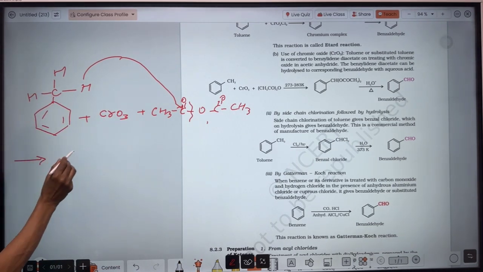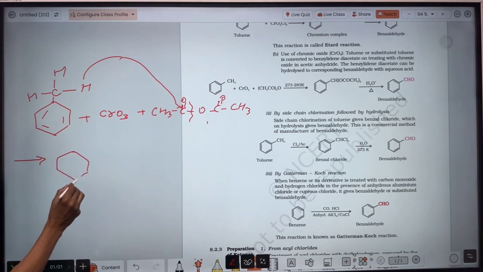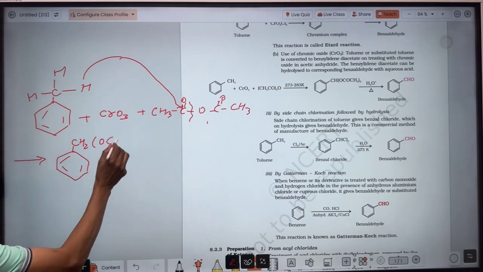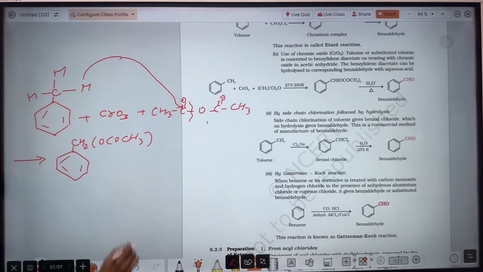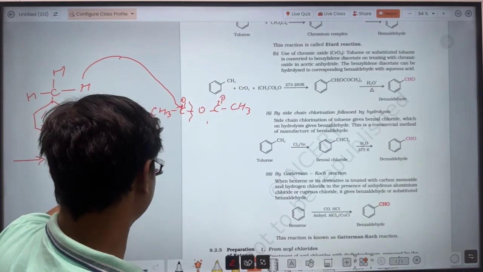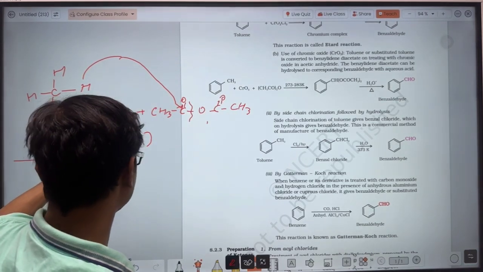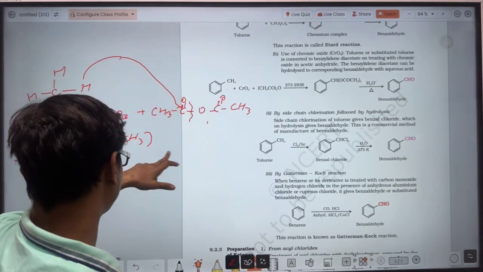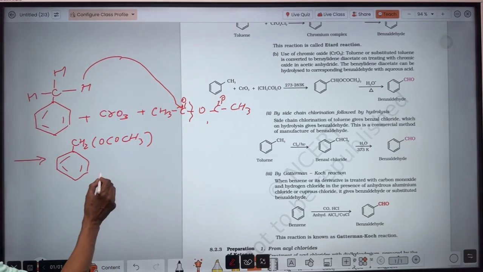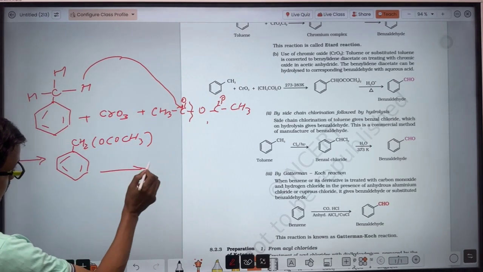So the bonding will be as I have written like this one, OCOCH3, that is here. This oxygen is singly bonded to the carbon, this oxygen doubly bonded to this carbon and this CH3. And like that, this process will repeat.